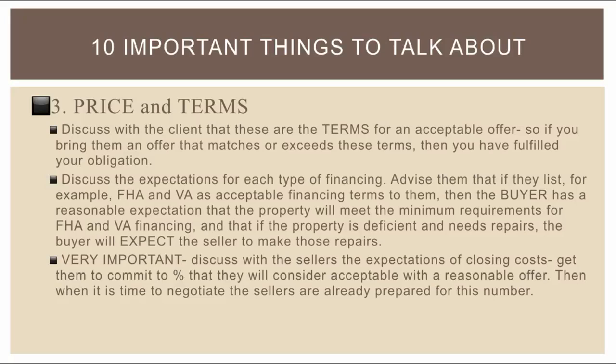Make sure you discuss the expectations for each type of financing. Advise them that if they list, for example, FHA and VA as acceptable financing terms to them, then the buyer has a reasonable expectation that the property will meet the minimum requirements for FHA and VA financing, and that if the property is deficient and needs repairs, the buyer will expect the seller to make those repairs.